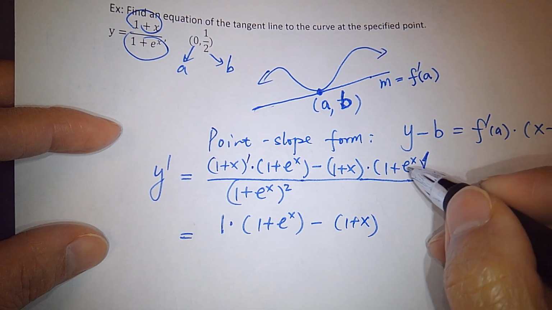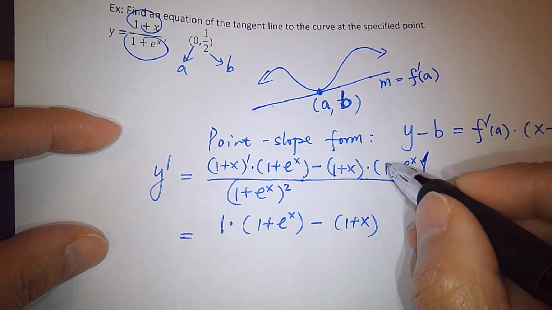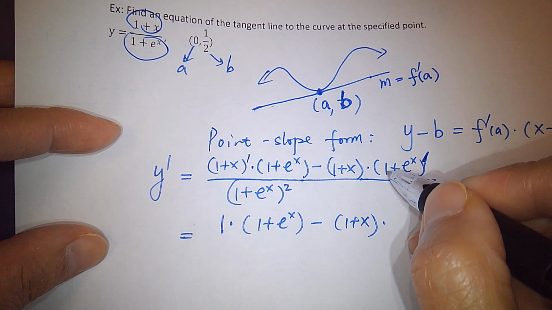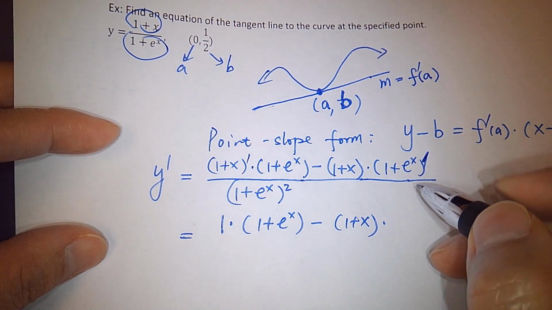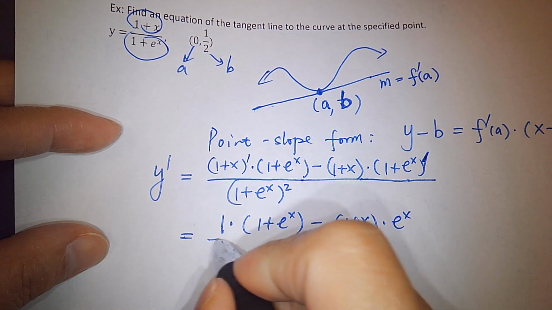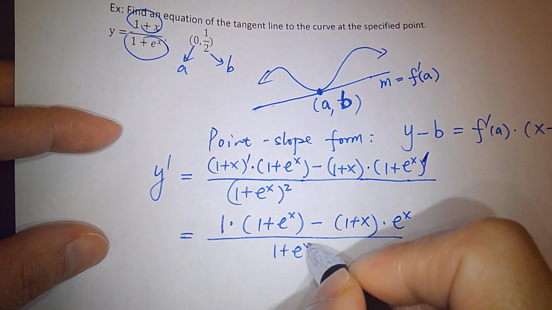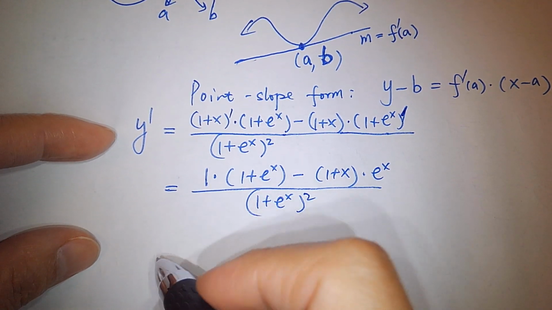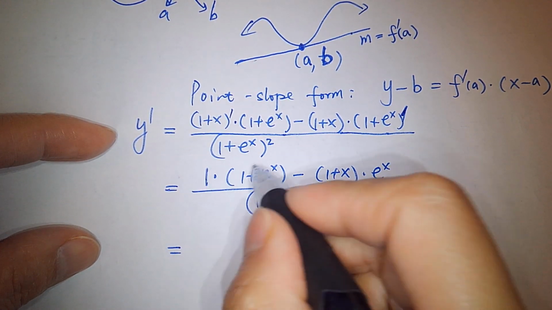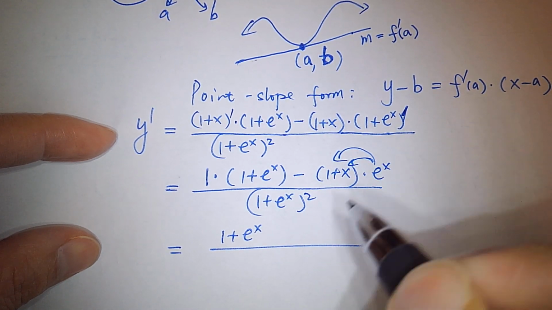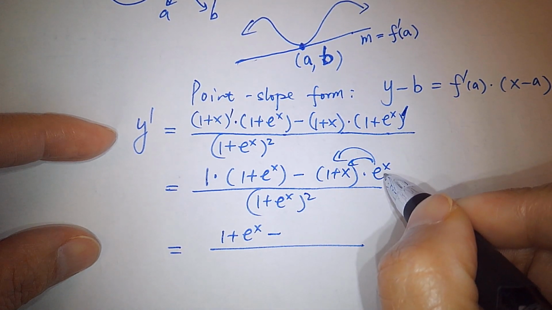What is the derivative of 1 plus e to the x? E to the x, because the constant's derivative is 0, and e to the x's derivative is what? E to the x, right? And then divide by 1 plus e to the x, squared. Can we simplify a little bit? This is 1 plus e to the x, minus what?